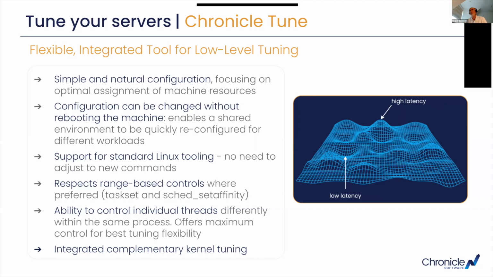Okay, so you've got total control, or we expose total control over the application stack. It's not an opinionated tool. It doesn't drive you in any particular direction. If you want to control down to the thread level, you absolutely can do that seamlessly with Chronicle Tune. So it's very much a partner tool for your low latency environment.